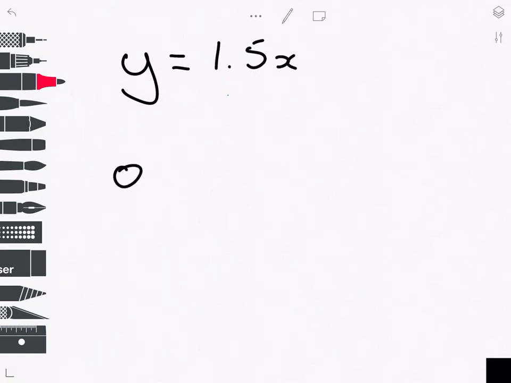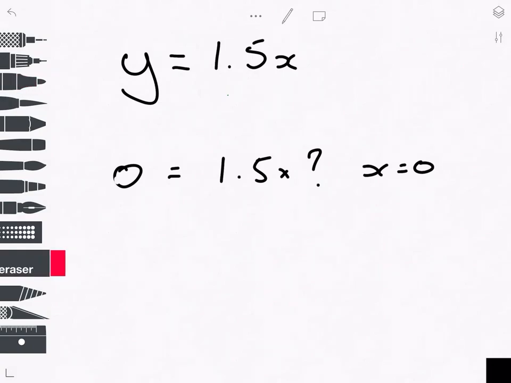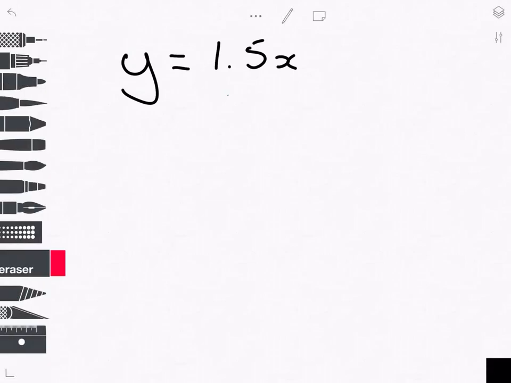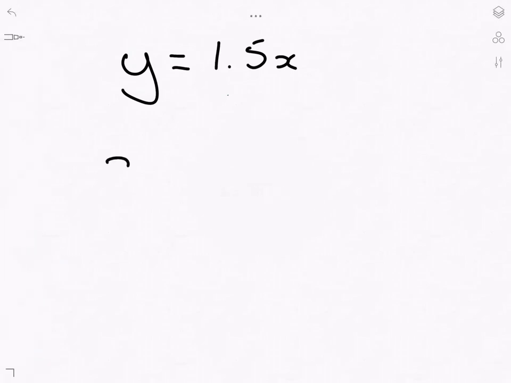So when y is 0, then 1.5 times what is 0? So x is 0. And then, well, it's easy to go the other way actually. If you start off with your x's, maybe you can make a table. That's usually the easiest way to do it. So x and y.